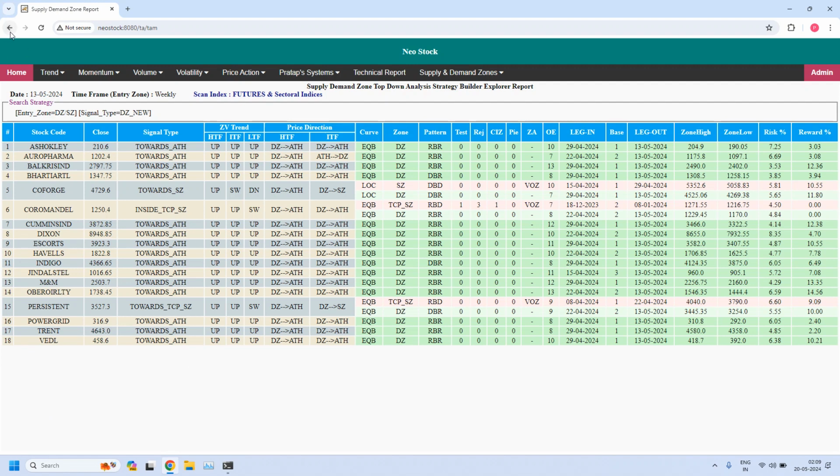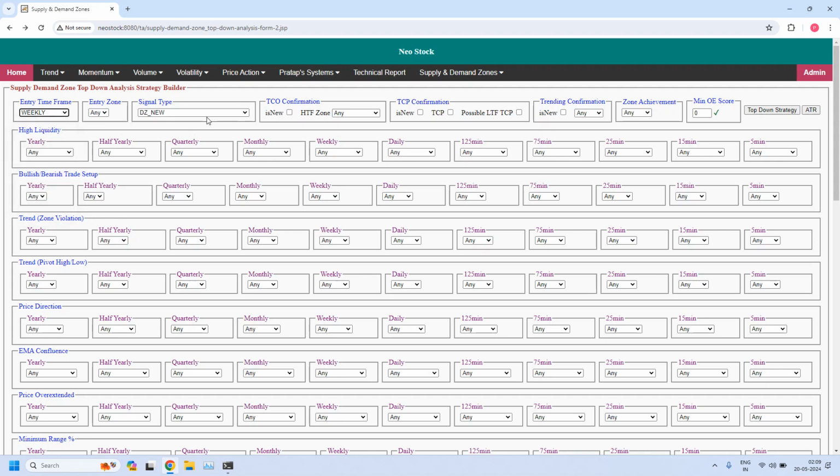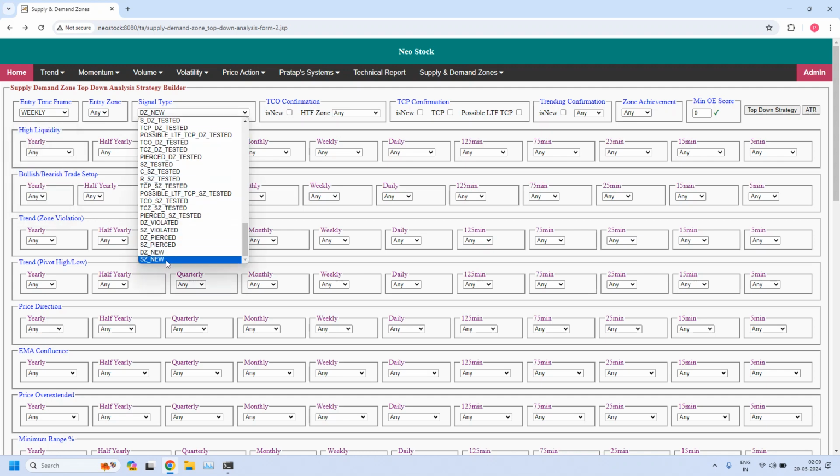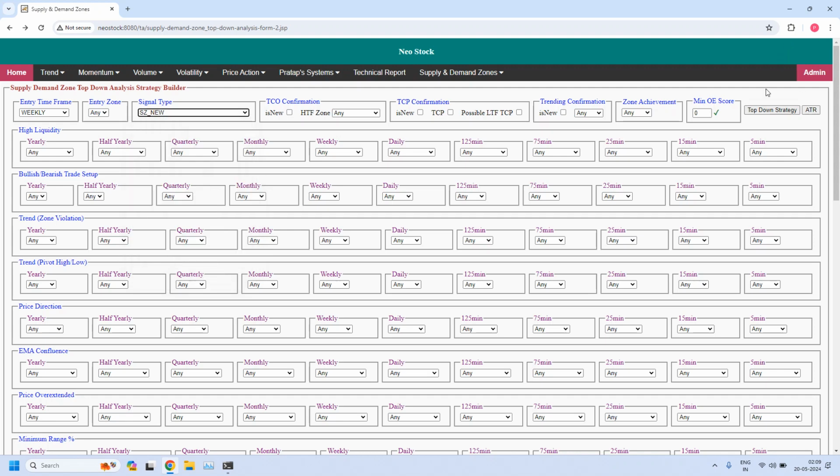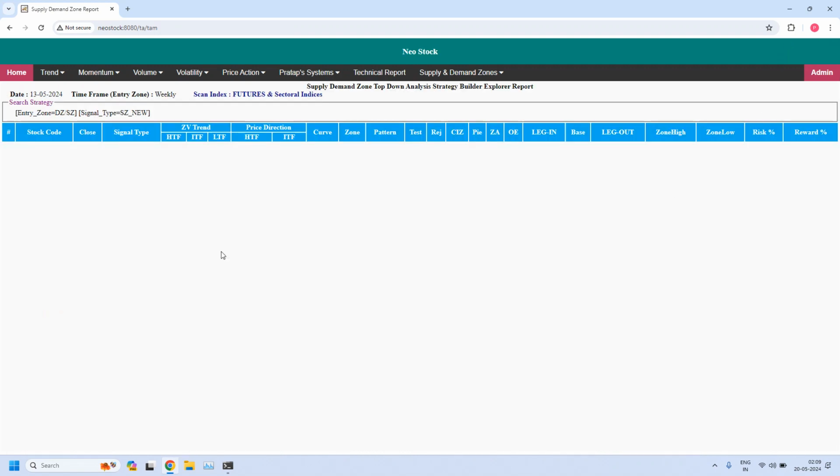I'm going back. For weekly time frame, let us find the stocks having newly created weekly supply zones. So no weekly supply zones are created during this week.